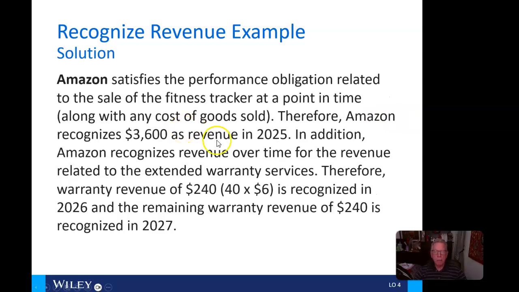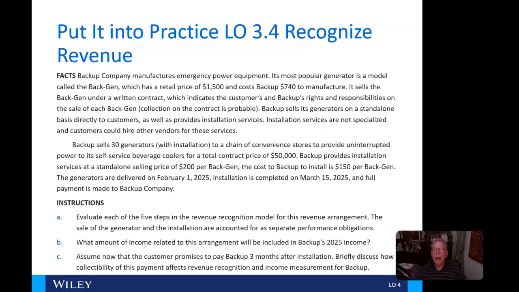So each year we've got 40 trackers at $6, $240. It is recognized in 2026, and the remaining warranty revenue of $240 is recognized in 2027. So each year gets $240. Okay, let's do a long one here.